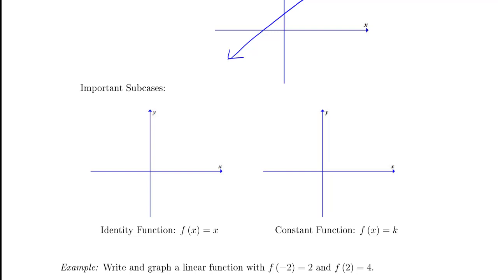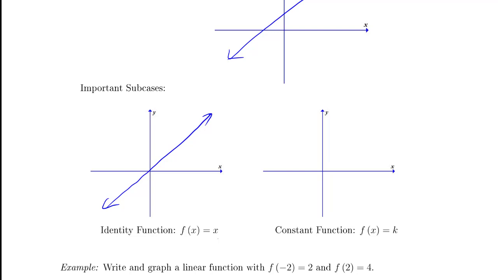So that's the equivalent of y equals x. That's the reason this one is so important: when you plug in x, you're getting x out. So it's the very important function where what you plug in is what you get out. So that's a very important one that we'll see a lot.